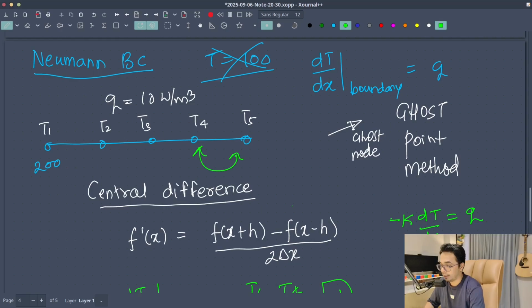Now here you don't have to invent any other node, and in this case if you use the central differencing scheme or the forward difference backward difference approach, meaning without and with ghost point, for simple cases the results would be same, there would not be much difference.